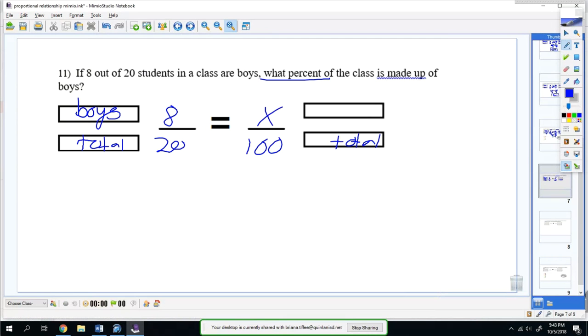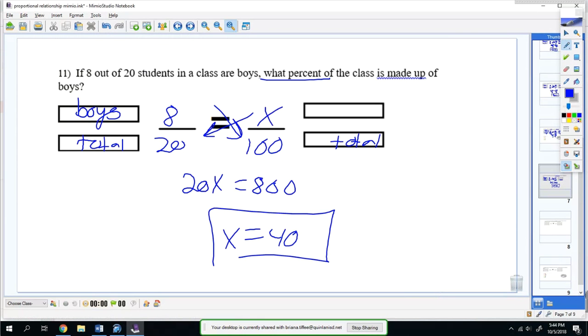And then x goes on top because that's the percentage I'm trying to find. So you're going to do 20x and then 8 times 100, which is 800. And then you're going to do 800 divided by 20, which is 40. So it'd be 40% of the class is boys. So it means the other part of the class is 60% girls.